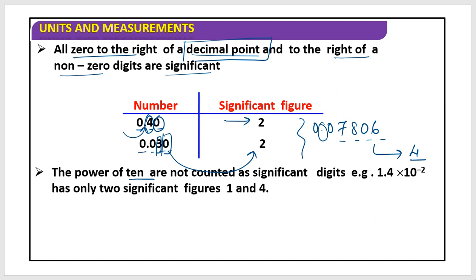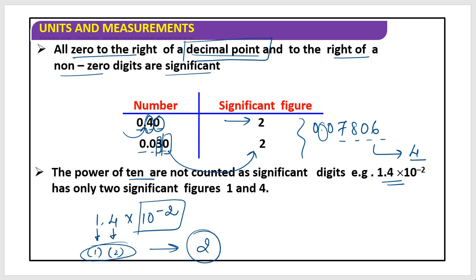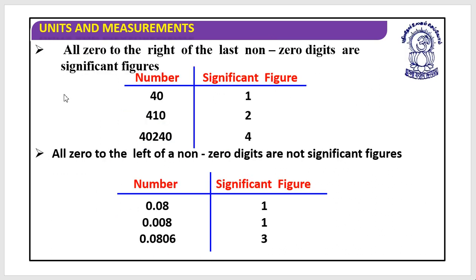Let's say the number is 1.4 times 10 to the power minus 2. Then the power of 10 is to be omitted. Only the left-hand term, that is 1 and 4, counts. This is the first significant digit, this is the second significant digit. So this number has two significant digits, 1 and 4. Got it? Let's move to the next.